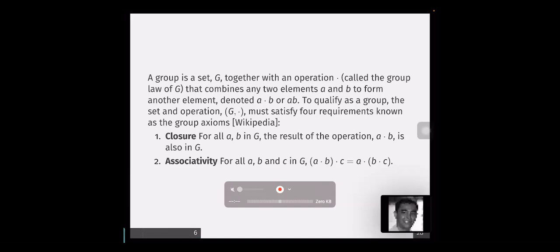So one of the requirements of a set to be a group is that if you have any members of the group, and if you do an operation between them, okay, then the output should be another member of the group. No?